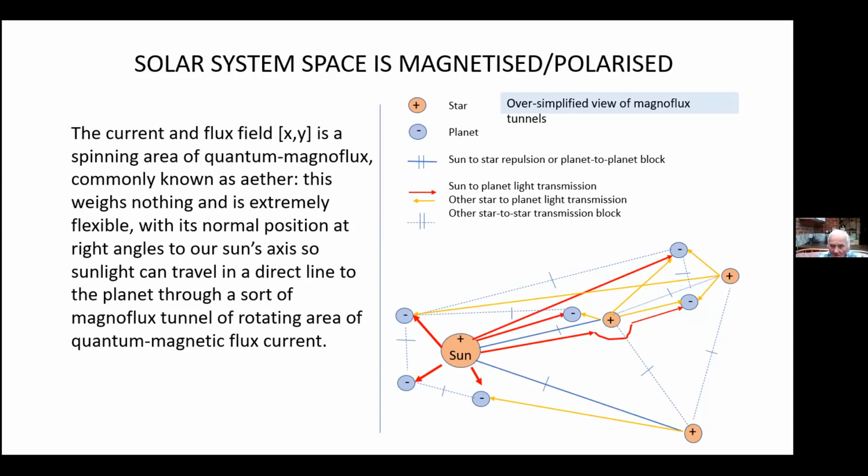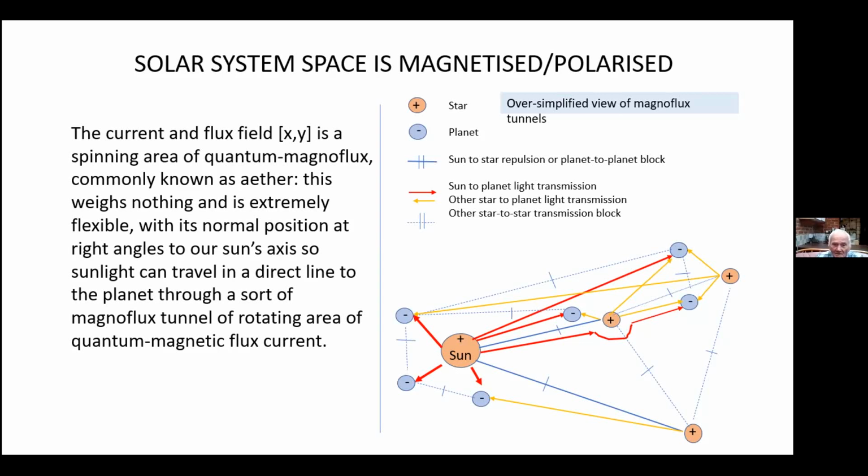You can also see that our sun is in fact also shining light to other stars' planets, because it can see their negatives and it wants to send them some light. So the stars all push each other apart because they're all positives, and they all have their own planets running around them, but each of the other stars can see it, so we can see starlight.